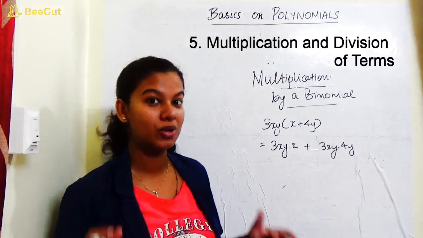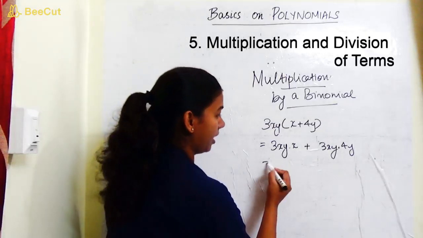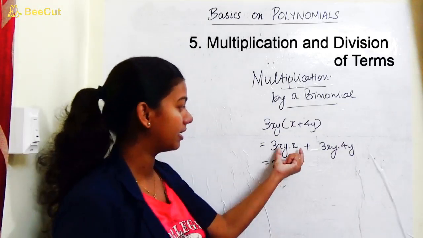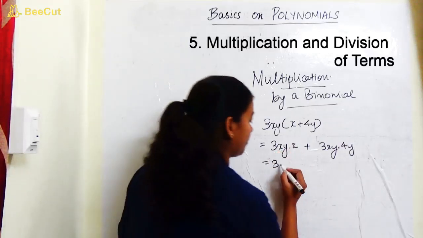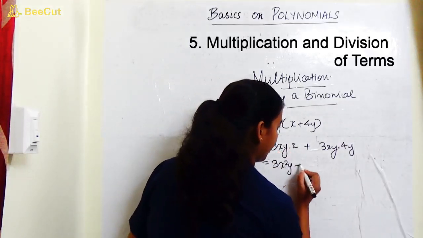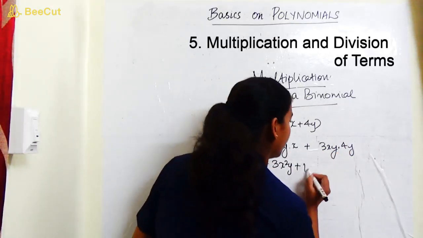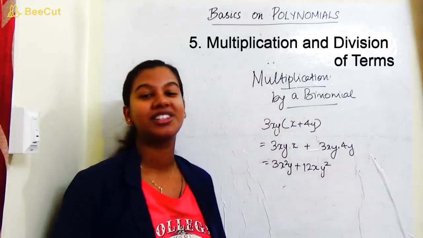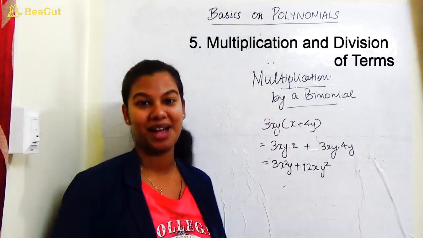Okay, as I told earlier, first we have to mention the coefficient, then the variables. So how will this come? I'll write 3 first, then the variable x is coming twice, so I'll put x square. Here I'll multiply the coefficients first. 3 4s are 12, x into y square. So this is how you have to multiply by a binomial.